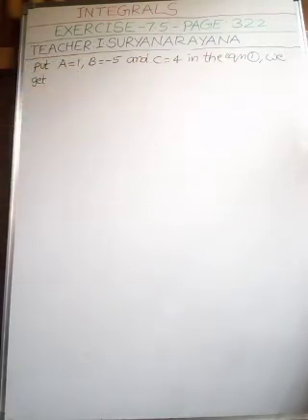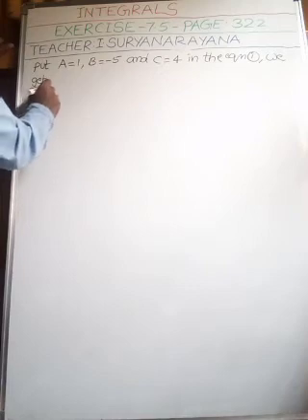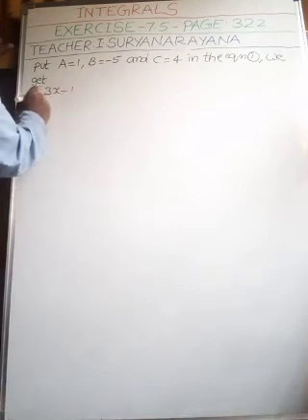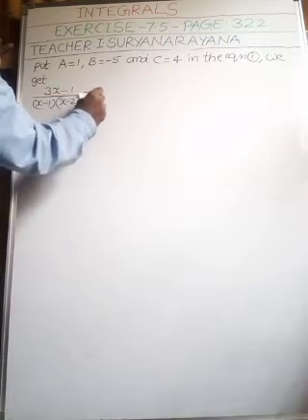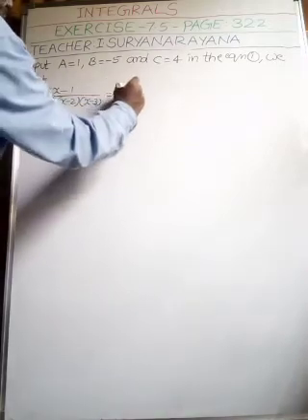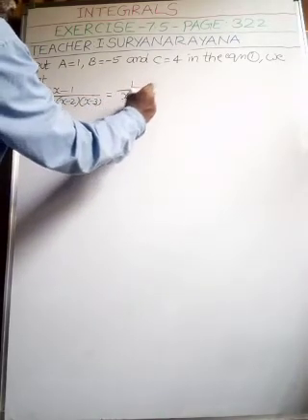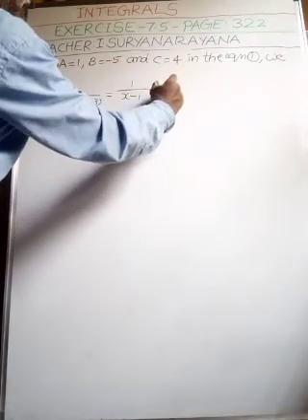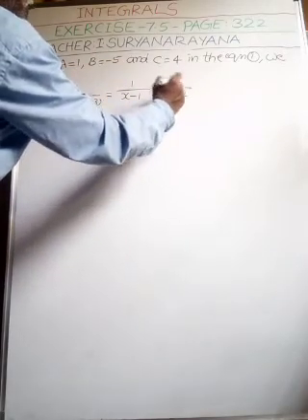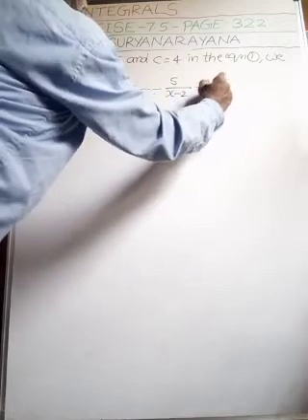Then we get 3x minus 1 by x minus 1 into x minus 2 into x minus 3 is equal to A by, that means 1 by x minus 1 plus B by, B means minus 5. So minus 5 by x minus 2 plus C by, plus 4 by x minus 3.